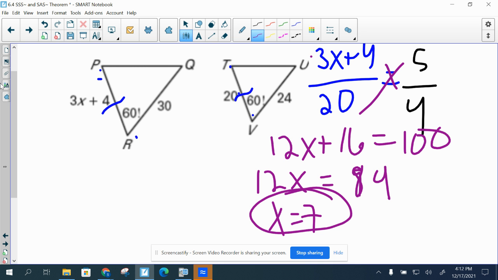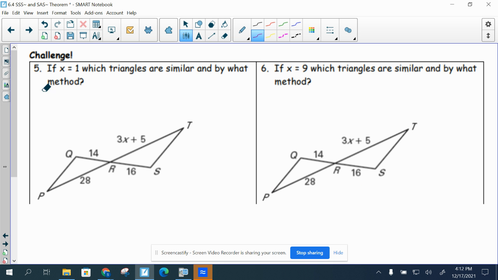Okay. And the challenge one says, if x equals 1, which triangles are similar and by what method? So if x was equal to 1, I'm not sure why this is necessarily challenged, but this would be 3 plus 5, which would be 8. And then you have the vertical angles, so vertical angles that are congruent.